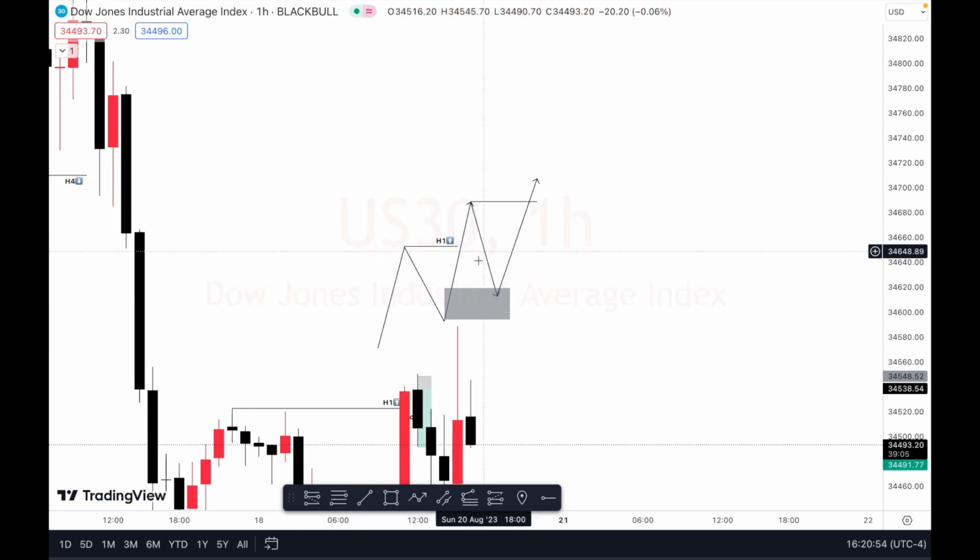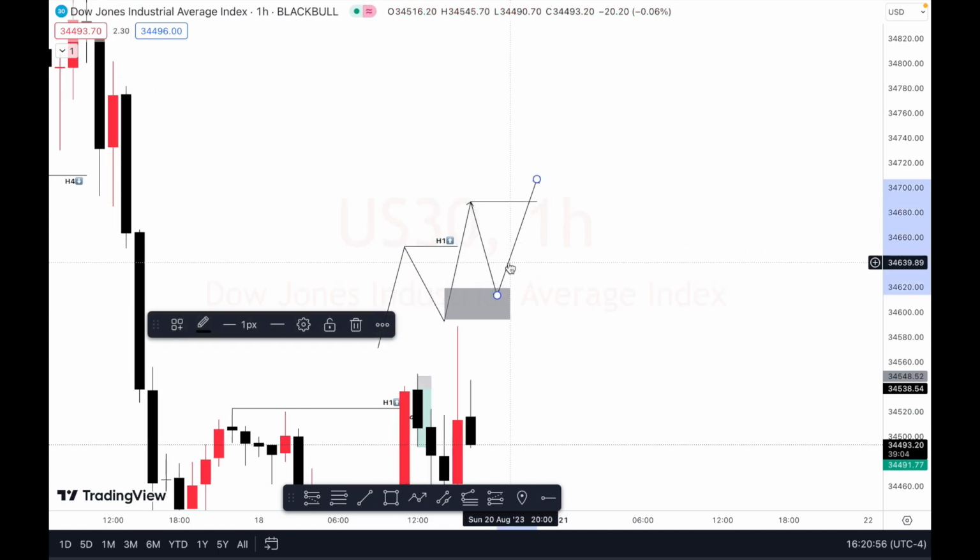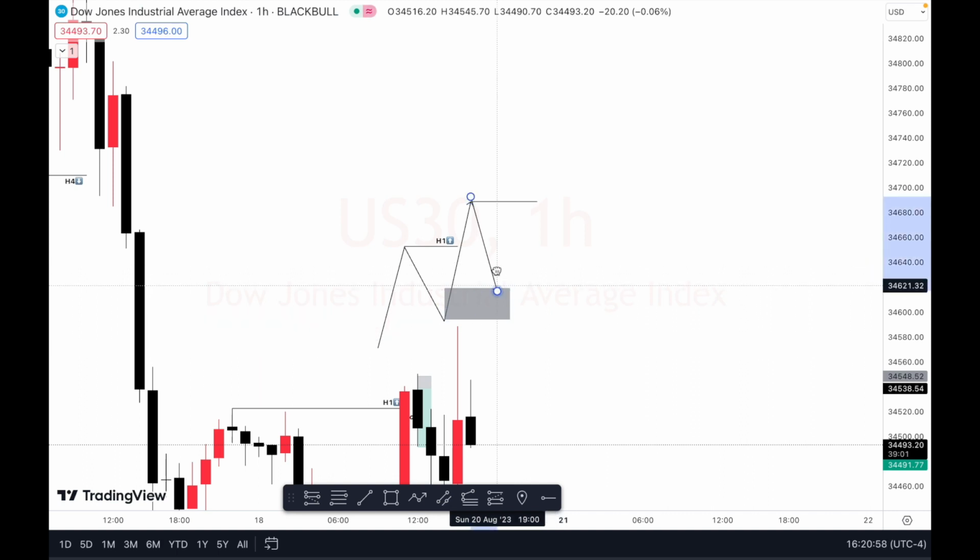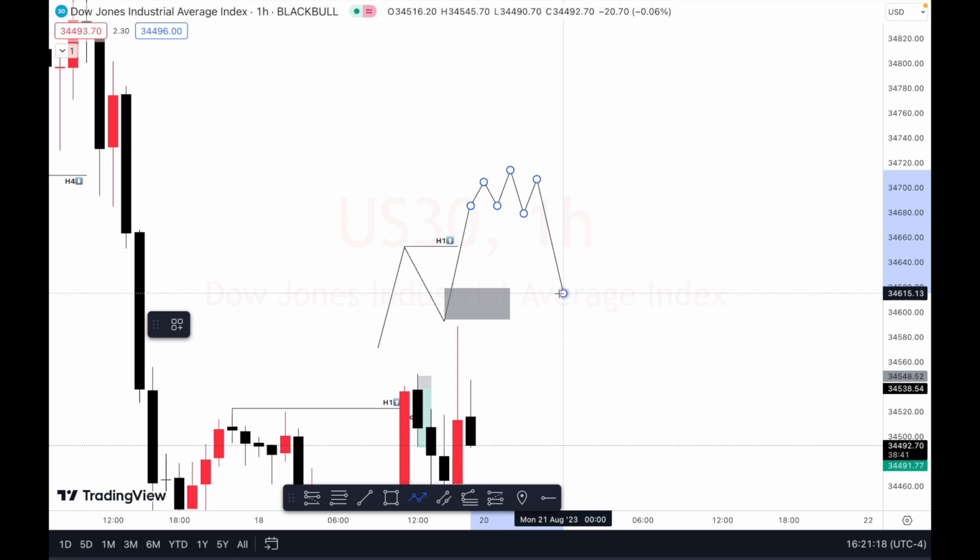So now you see how this looks right here. On a lower time frame, this looks like this. Price will push up like this. It'll come down, might sweep that liquidity, come down, break that, retest up here, and then come into here, and then go back up.